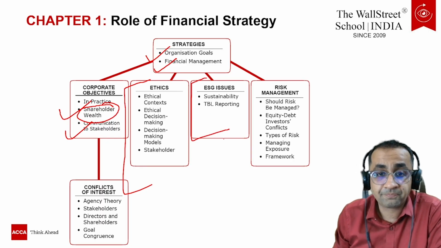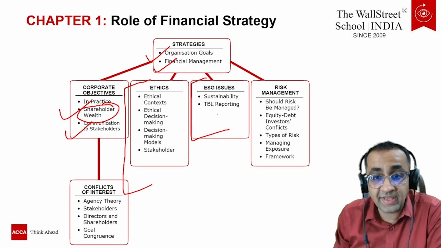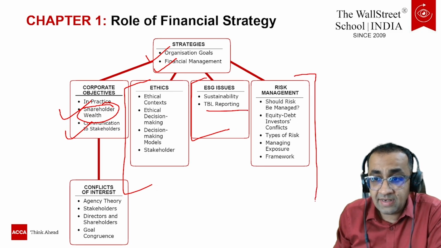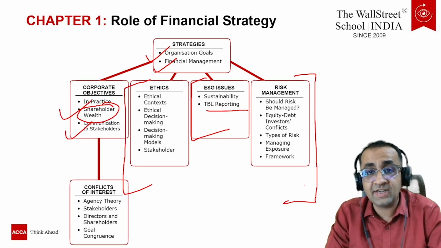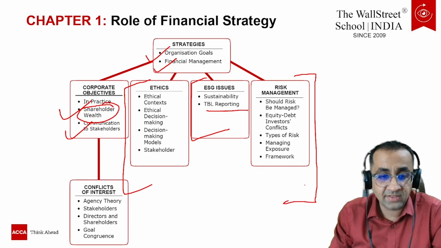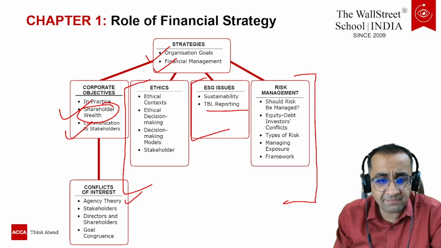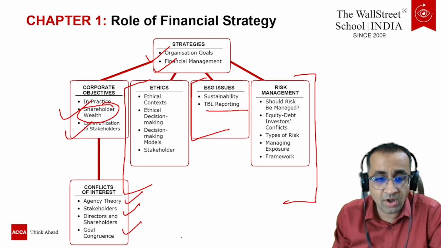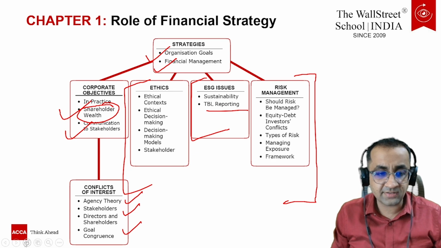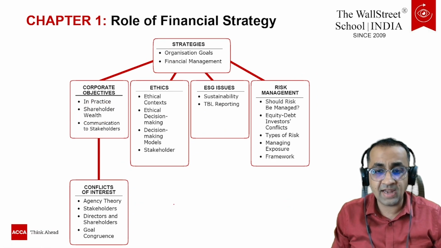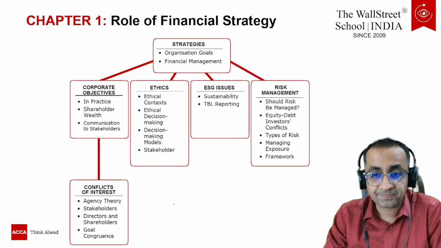Sustainability is playing a very important role today, and the importance of triple bottom line reporting. And then what is the role of risk? What do we mean by risk identification, risk measurement, and things like that? And then of course we will end with agency theory, agency conflict, and goal congruence. So that is the larger discussion, guys, that we will have today on this slide.